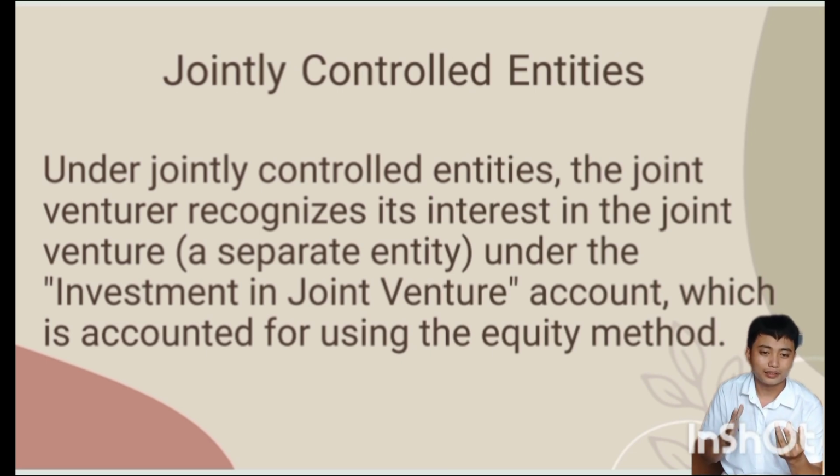Then kang entity A ug entity B, 5 million sila tunga. Then if maka-profit si entity C, butang nato og 30 million, i-record ni entity C 30 million. Dayon kang entity A kay 15 million, kang entity B kay 15 million. So basically tunga sila tanan sa unsay ma-earn ni entity C.